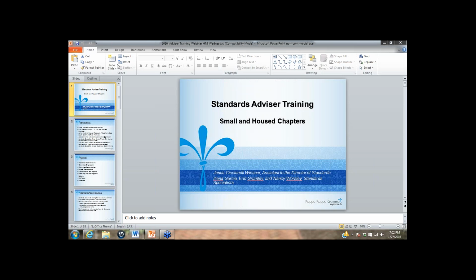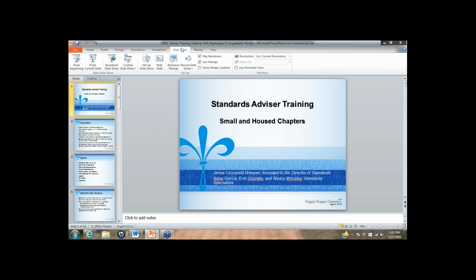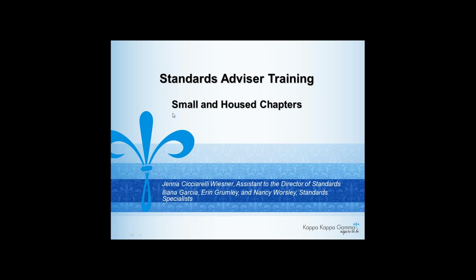So I'm going to go ahead and start this slideshow. Okay, I hope everybody can see it okay. Before we start the presentation, I want to take a moment to ensure that everybody is ready and familiar with the webinar control panel. On the right side of your screen, you'll see the attendee control panel, and on the left side should be the webinar viewer window.